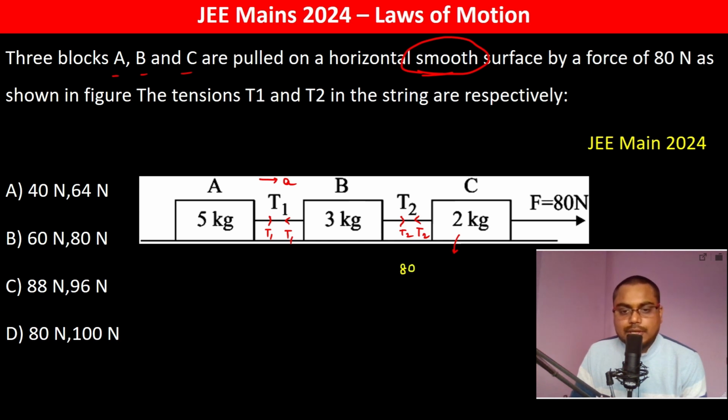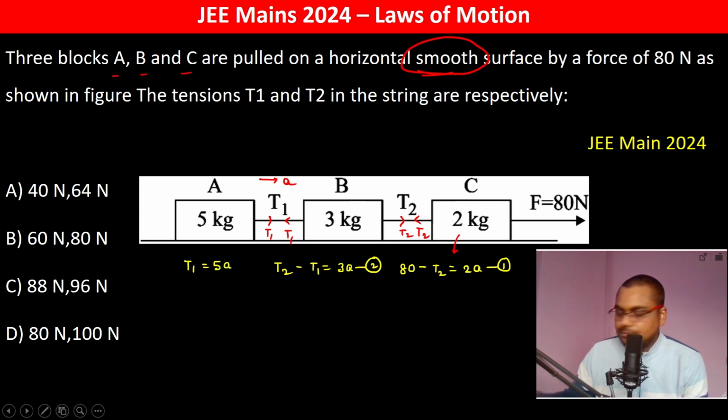So 80 minus T2 is equal to 2 into A. That is first. इसमें देखिए T2 इसको इधर खींच रहा है, तो T2 minus T1 should be equal to 3 into A. And this one is only having T1, so T1 is going to be equal to 5 into A.